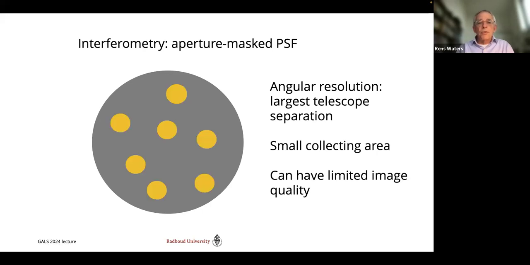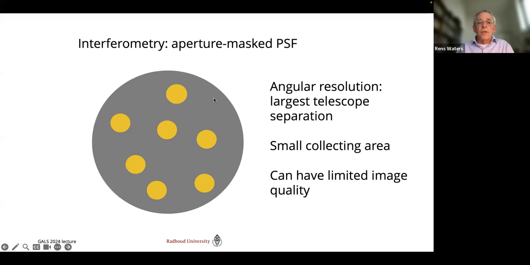So what people do is make interferometers, which means you sample the aperture of a large telescope by many smaller apertures. That has the advantage that the angular resolution you can reach is the same as that of the largest separation baseline between two elements in your interferometer.